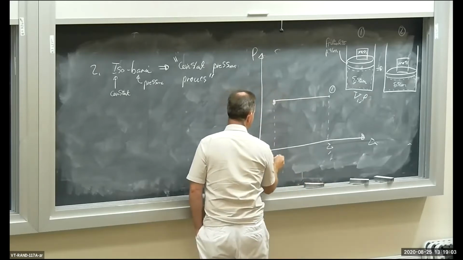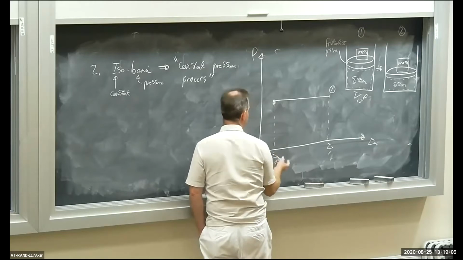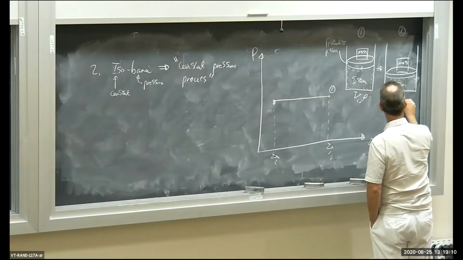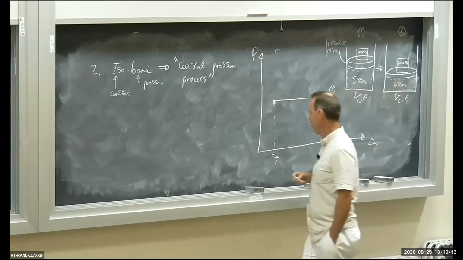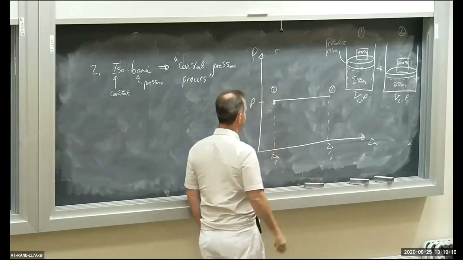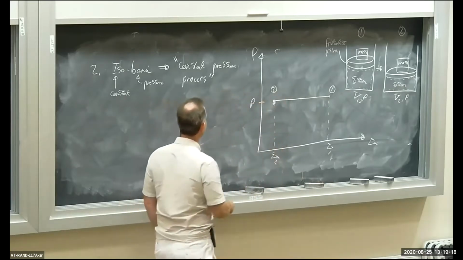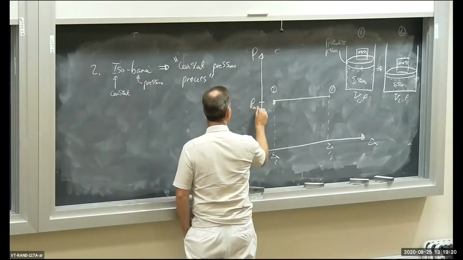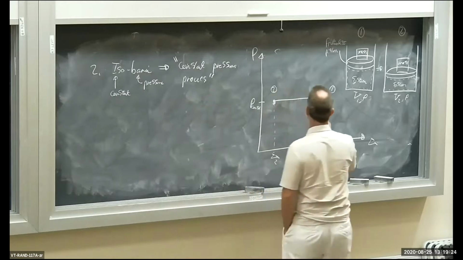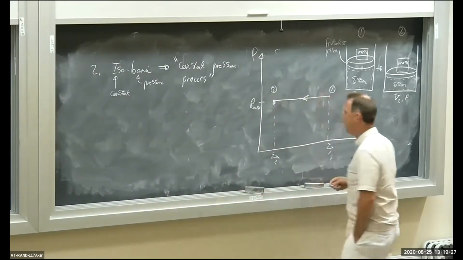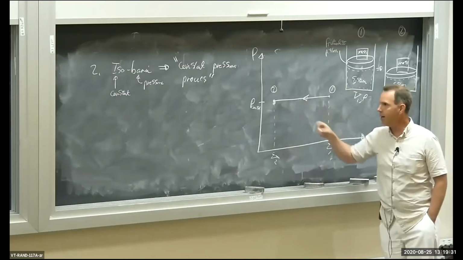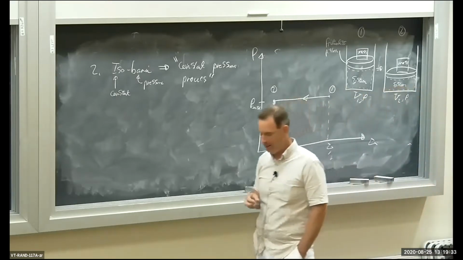I end up at state 2, which has a volume V2. And of course, the pressure is the same. So this is state 2, and this is my pressure. Pressure is constant. So the system is moving from right to left. There's the process, state 1 to state 2 along an isobaric path.